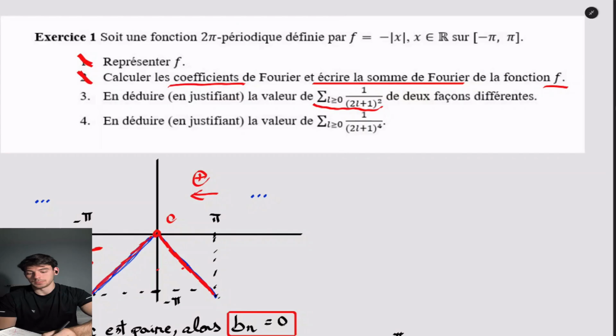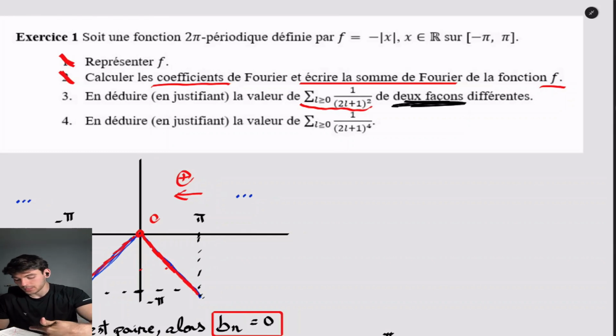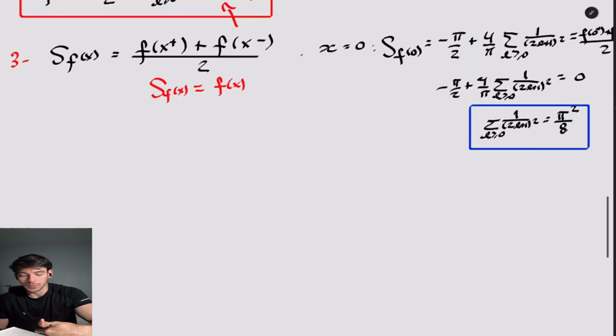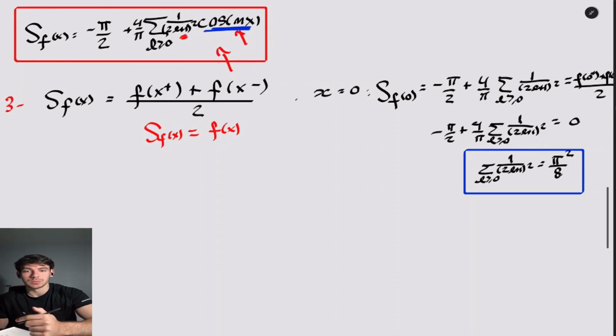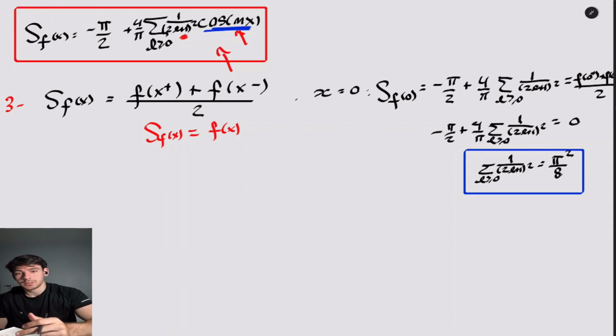All right, so if we look at the exercise once again, we have here deux façons différentes, so we need to do it in 2 different ways. So we've used Dirichlet on the point x equals 0, it worked. So now we can use another point that will once again make this cosine of nx disappear.